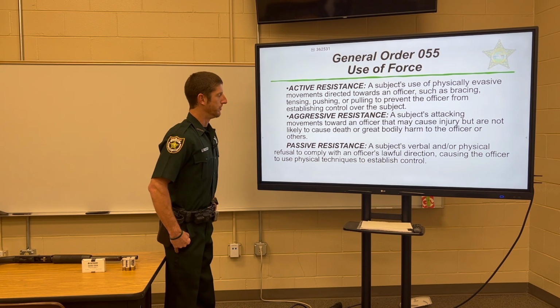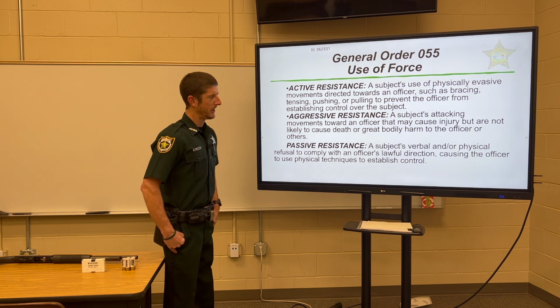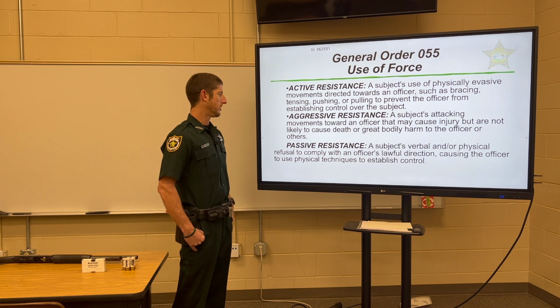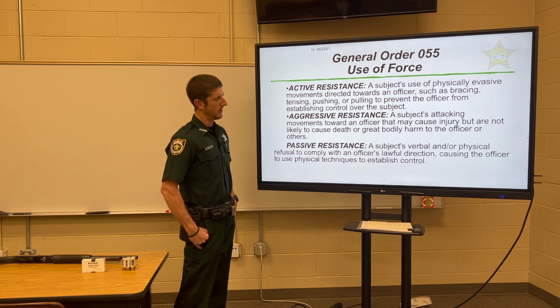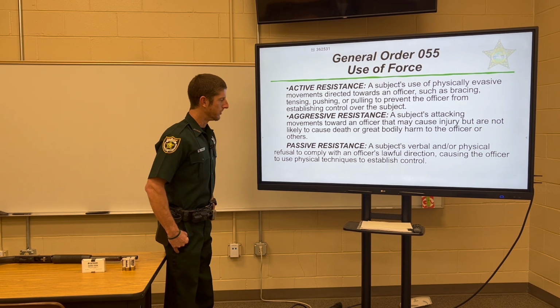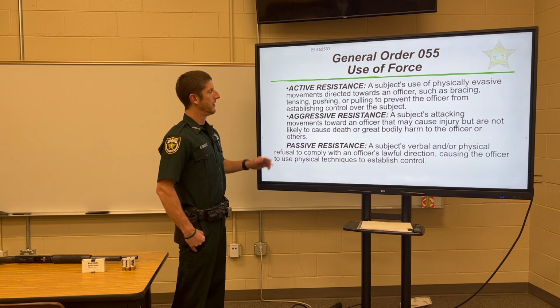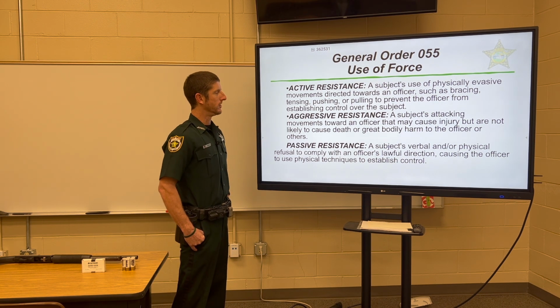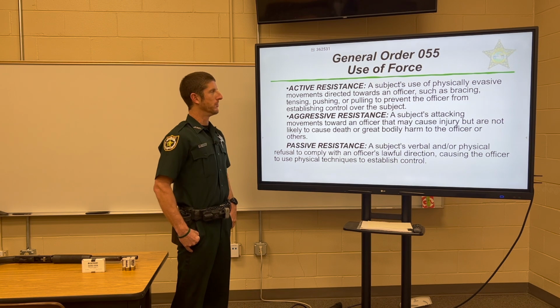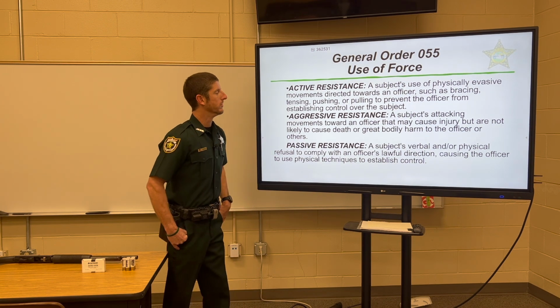And then you have passive resistance: a subject's verbal and or physical refusal to comply with an officer's lawful direction, causing the officer to use physical techniques to establish control. That's just us letting you know the difference between the types of resistance and what use of force we're going to use.